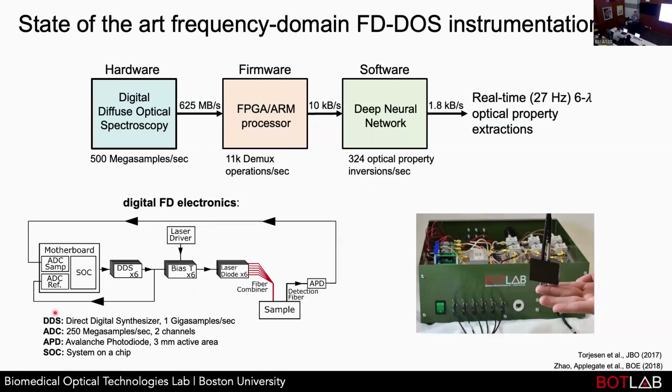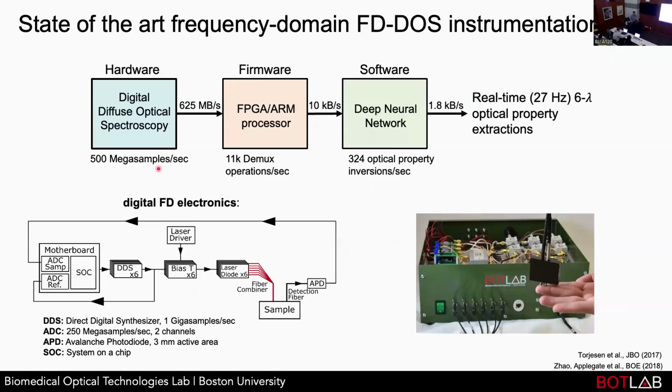And so you can calculate the amplitude and phase of, let's call it a 1 gigahertz sinusoid, even if you sample at 250 megasamples per second. Amplitude and phase is conserved in the downsampled signal that you collect with that analog to digital converter. It's kind of a useful trick in electronics, and if you don't know what I'm talking about, it's not really all that important, but it allows us to use cheaper electronics to take these very precise measurements.